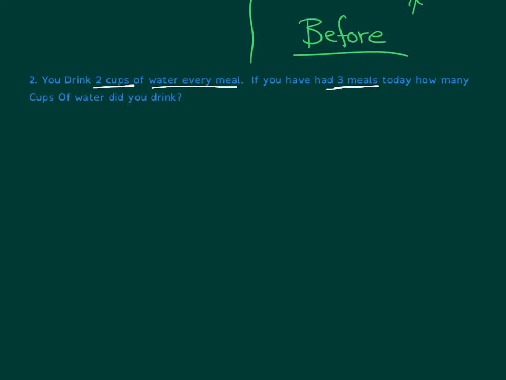So here I'm going to have 2 cups of water for every 1 meal. And this just happens to be a unit rate. And it says, if you have had 3 meals today, how many cups of water did you drink? Okay, so I'm going to have this rate and I'm going to do it times 3 meals.